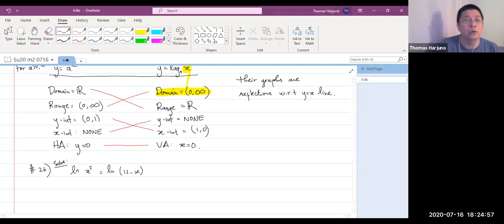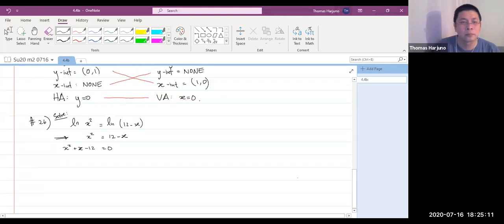So by one-to-oneness, we can say x squared equals 12 minus x. Then we solve that. That's a quadratic equation, right? So we get x plus 4, x minus 3 equals 0. We end up with x equals negative 4, x equals 3.